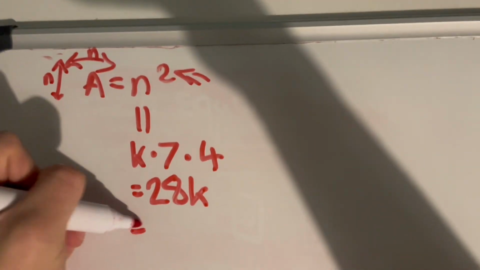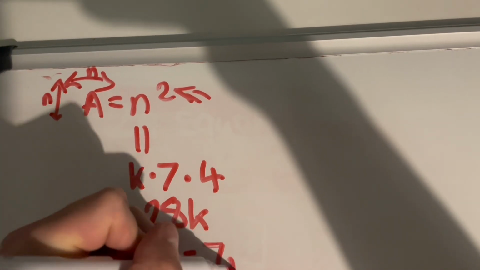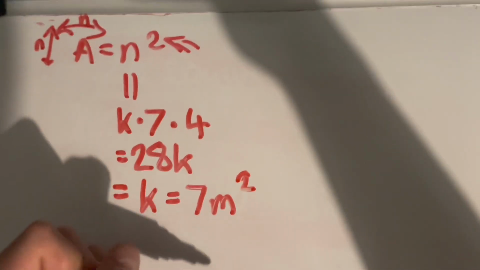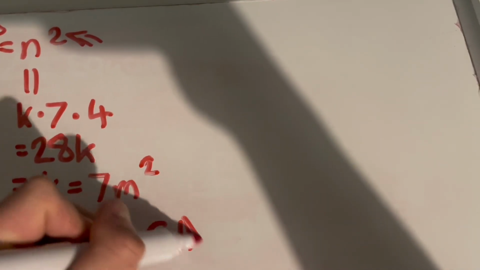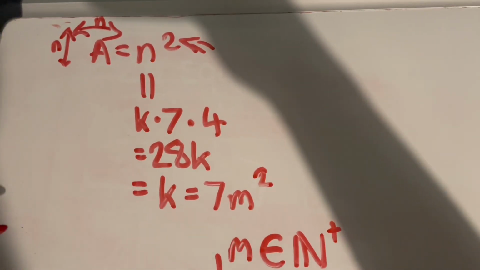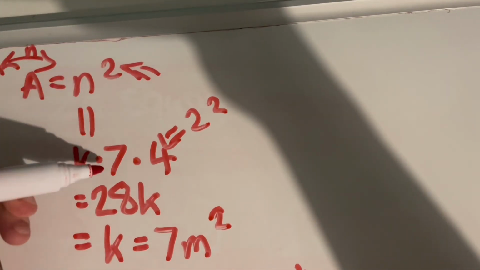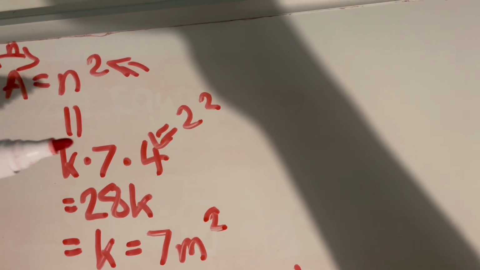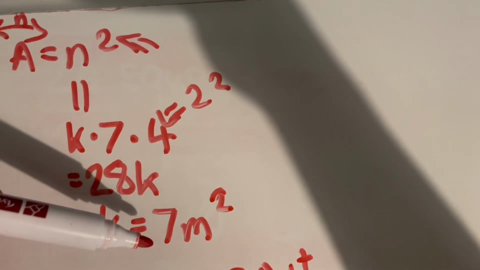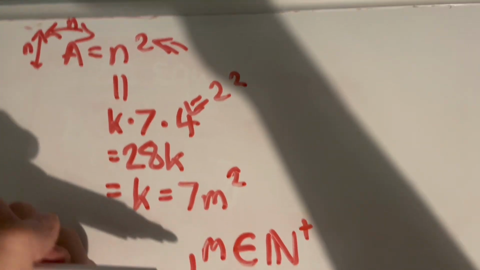And since this has to be a square, k is going to be 7 times m squared, where m is a member of the natural numbers. Since 4 is 2 squared and 7 is not a square, in order to be a square it would have to be a multiple of 7 and then any other square, which could be 1.